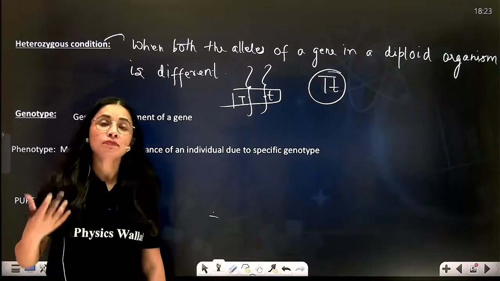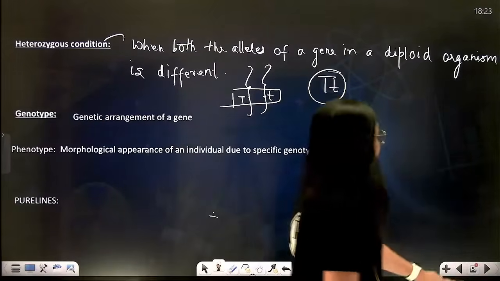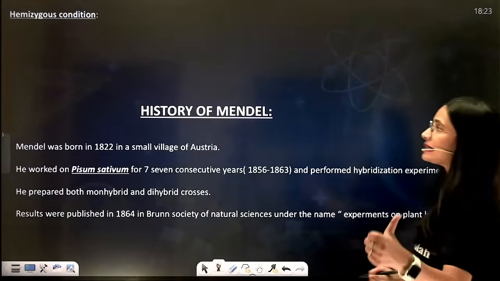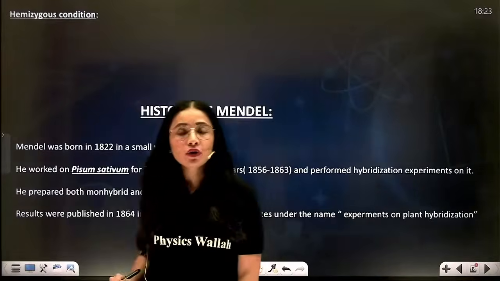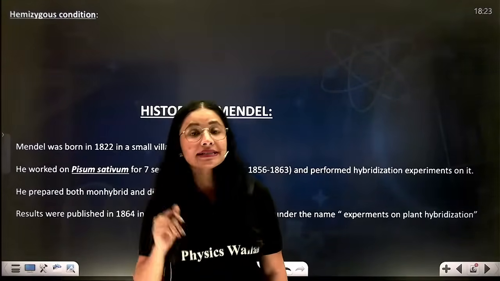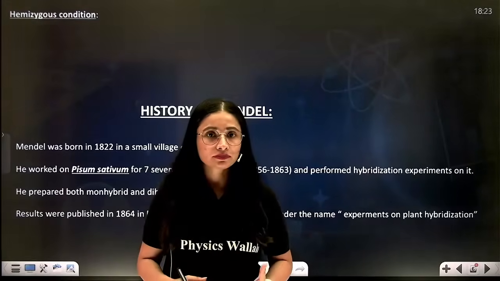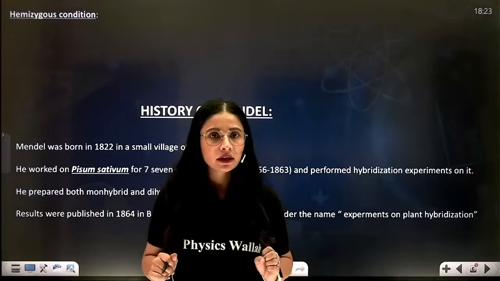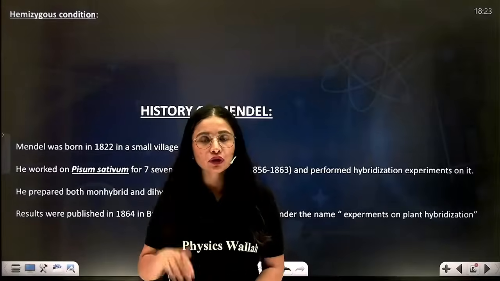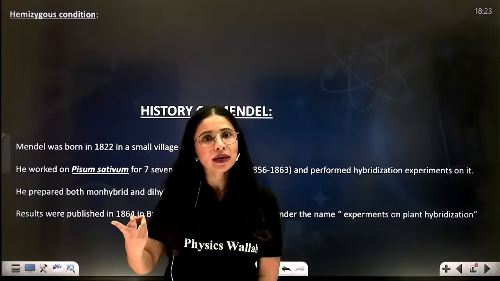Now there is one more condition by the term hemizygous. So homozygous, heterozygous, and one more by the name hemizygous. Hemi means, beta, what happens if an organism is diploid? Normally in a diploid individual, one gene should be represented by two alleles.